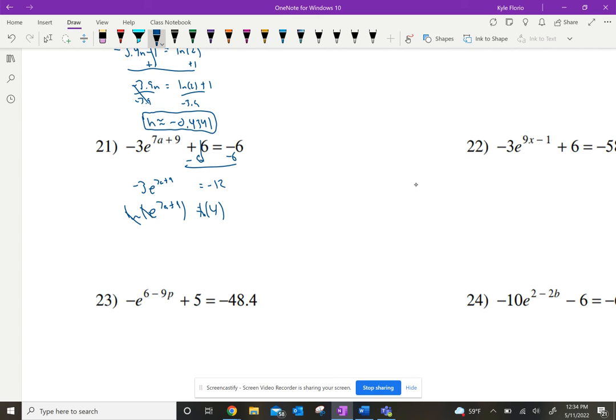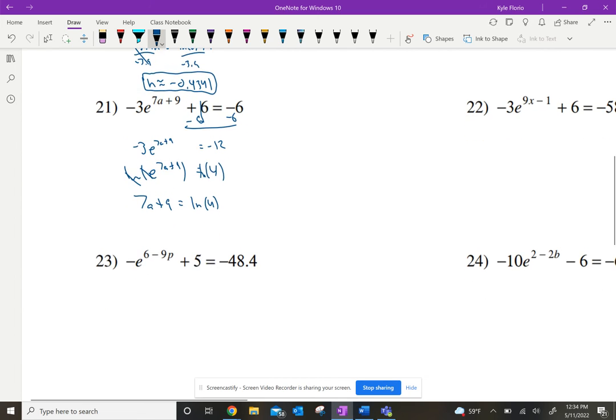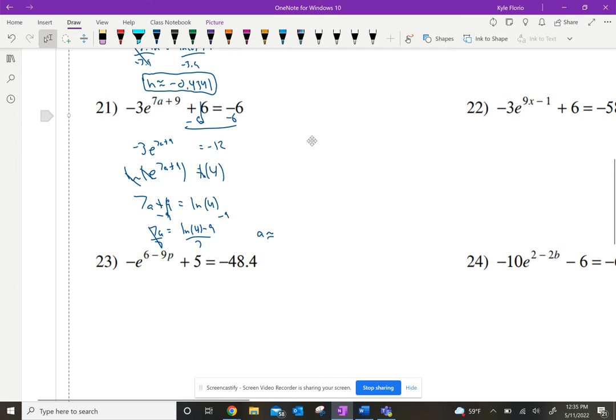The natural log and e undo each other, so I get 7a plus 9 equals the natural log of 4. Subtract 9 on both sides. So 7a equals the natural log of 4 minus 9. And then just divide that by 7, and we got a. So let's do it up here.